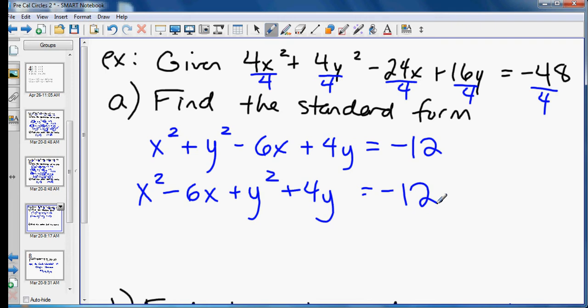Okay, now is where we complete the square. So I look at the term in front of the x, cut that in half, that's negative 3, square it, that's 9. So I add 9 to both sides. So I'm good to go with the x's. With the y's, I take this term, I cut it in half, that's 2, square it, that's 4, so I add that to both sides.